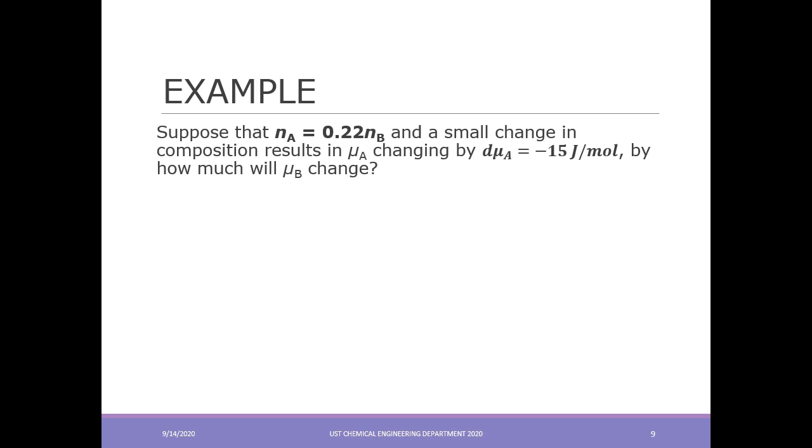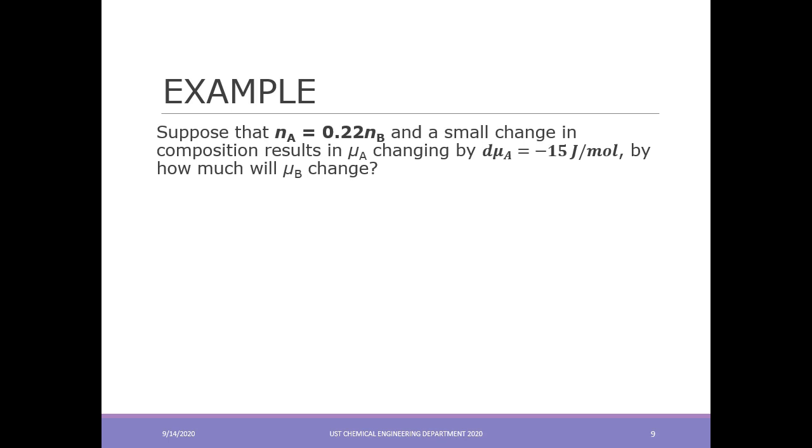For example, suppose that the moles of A is equal to 0.22 times moles of B, and the change in composition results in the chemical potential of A changing by negative 15 joules per mole. By how much would the chemical potential of B change? We can answer this question using the Gibbs-Duhem equation.